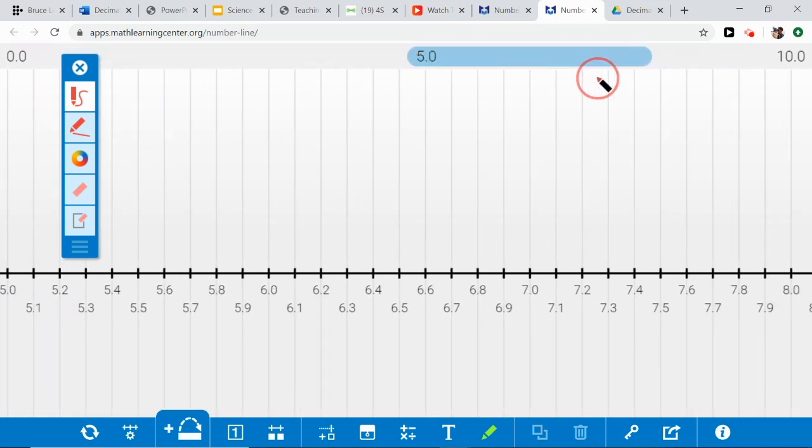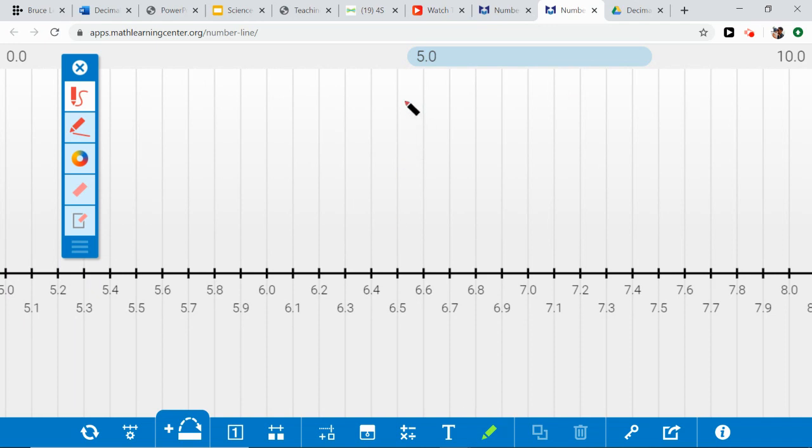So let's go between the two possible answers that it could be. The number was 6.6, and the two possible answers were 6 or 7. If we locate 6.6, you can see that it is closer to 7 than it is to 6.